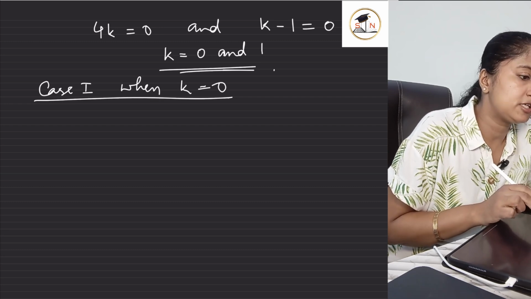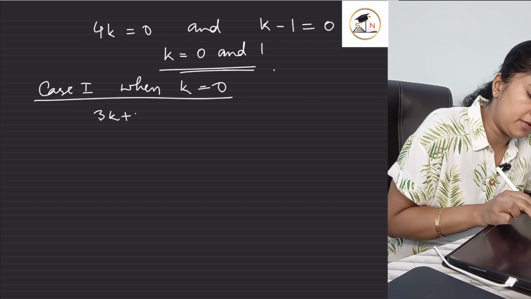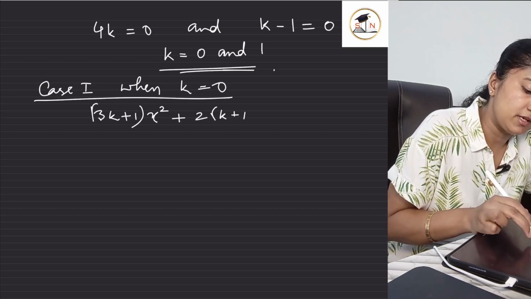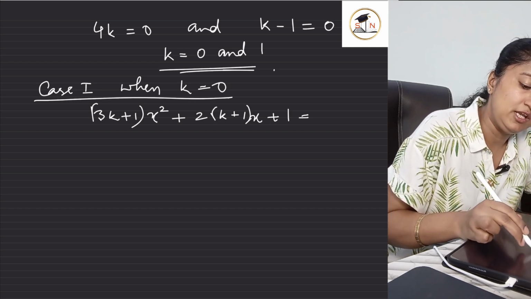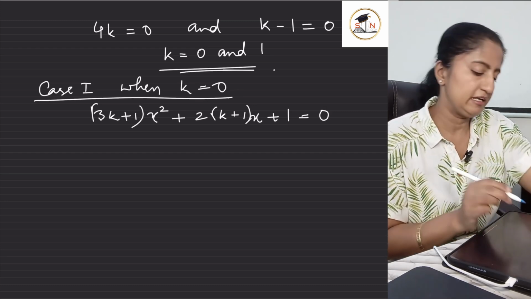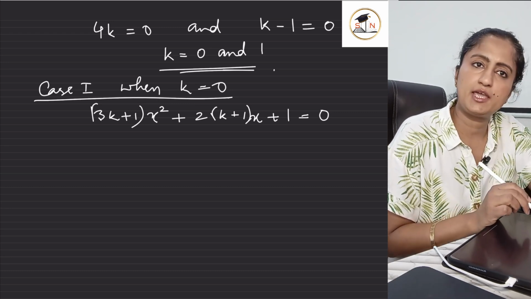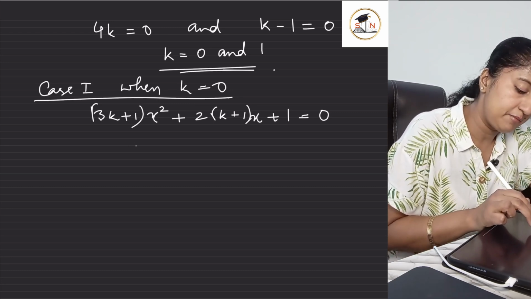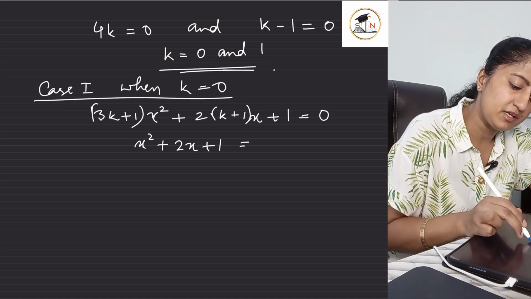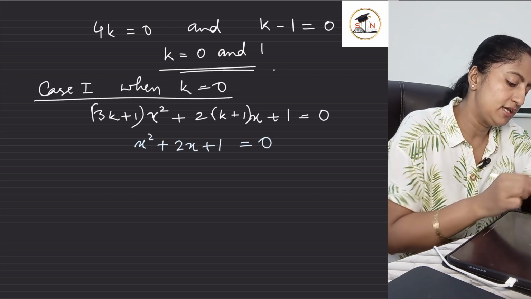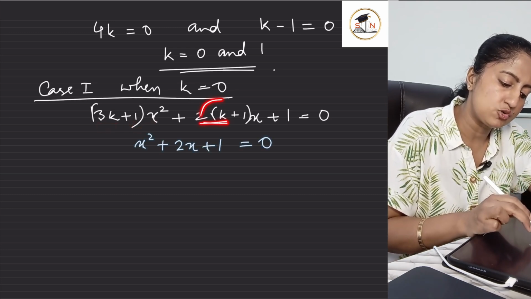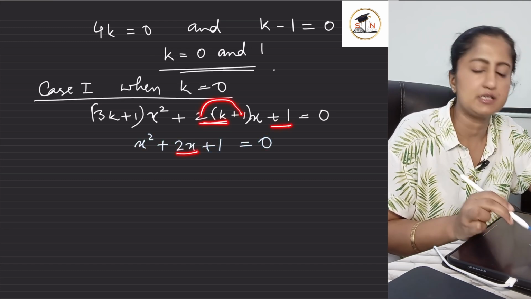The initial expression was 3k plus 1 x square plus 2 times k plus 1 x plus 1 equals 0. I keep my question in front of me so that it becomes easier to refer. Now, I will plug in the value of k as 0. That means I am getting x square plus 2x plus 1 equals 0, because k is 0, just left with 1x square, 2 times 1 is 2x, and plus 1.